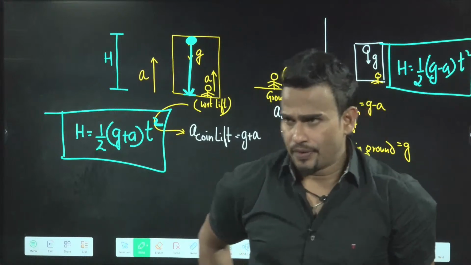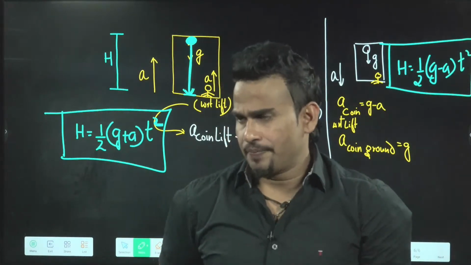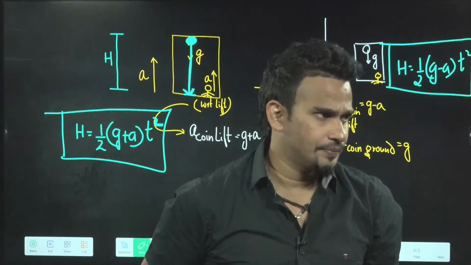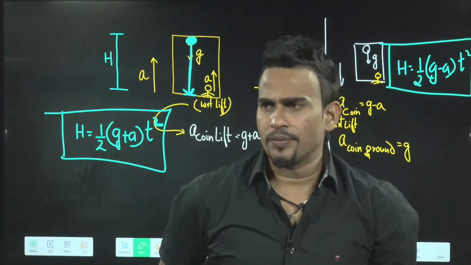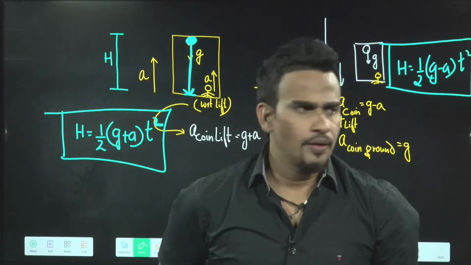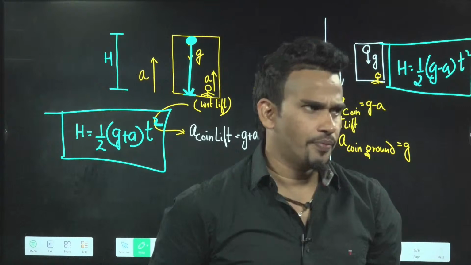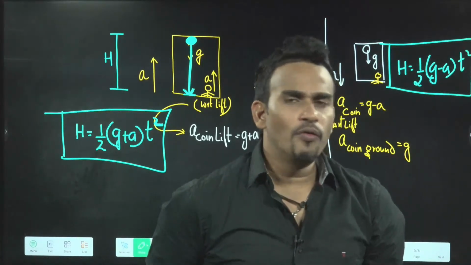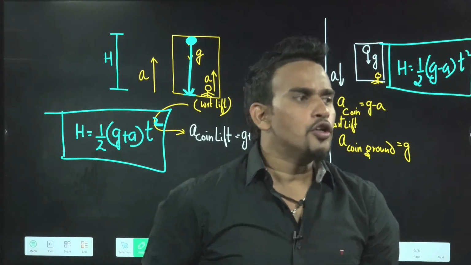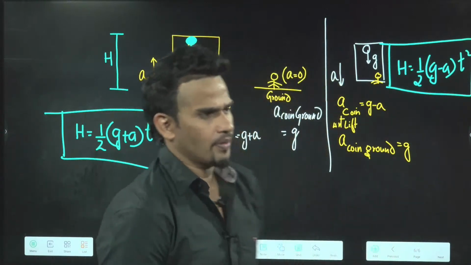A coin is dropped from a height of 6 meter inside a lift, moving upward with an acceleration of 2 meter per second square. Find the time taken by the coin.